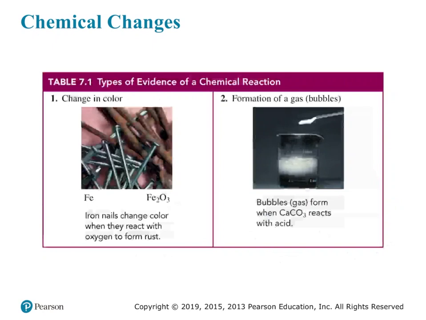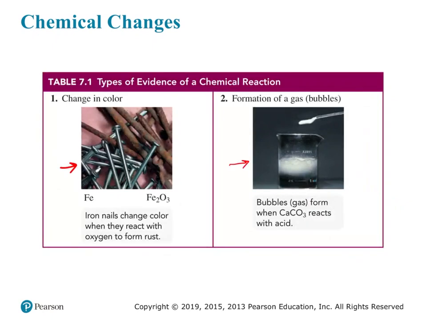All right, so your textbook does have a table summarizing these different types of evidence of a chemical change or a chemical reaction. So we talked about change in color, and rust was a really good example. Another example, if you see a gas forming.